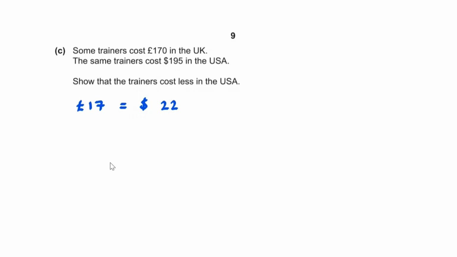So to find out what £170 is, we can multiply by 10, so we have $220. What does this show?